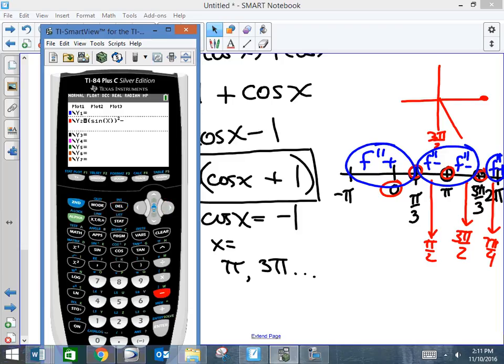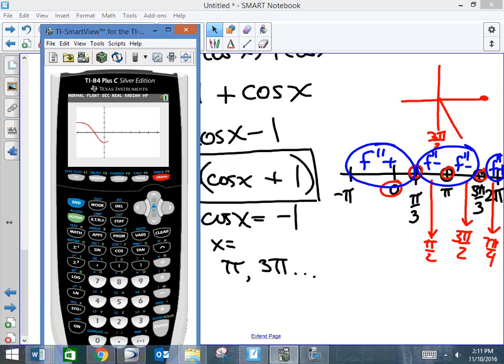Nice. All right. Let me set my window to negative pi to 2 pi, because that's kind of what I was looking at. All right, that's good enough. I'm not getting above negative 2 to 2. All right, let's see how that works.